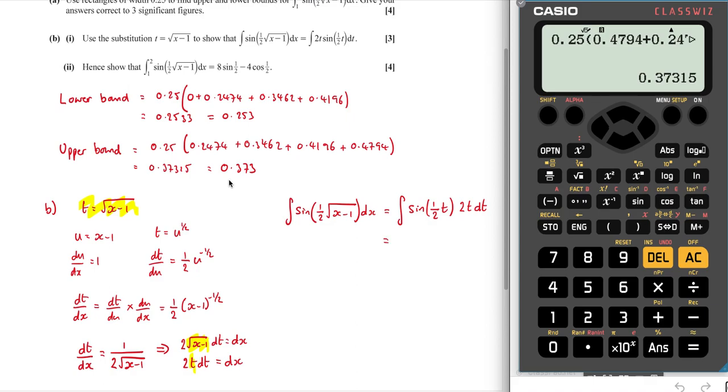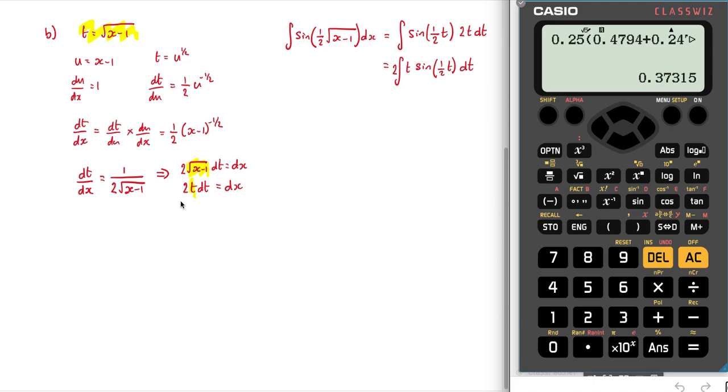So that is the integral. I'm going to bring the 2 out the front because I like my 2's at the front. So that is 2 times the integral of t sine a half t dt. And it then does hence show that the integral is equal to that.